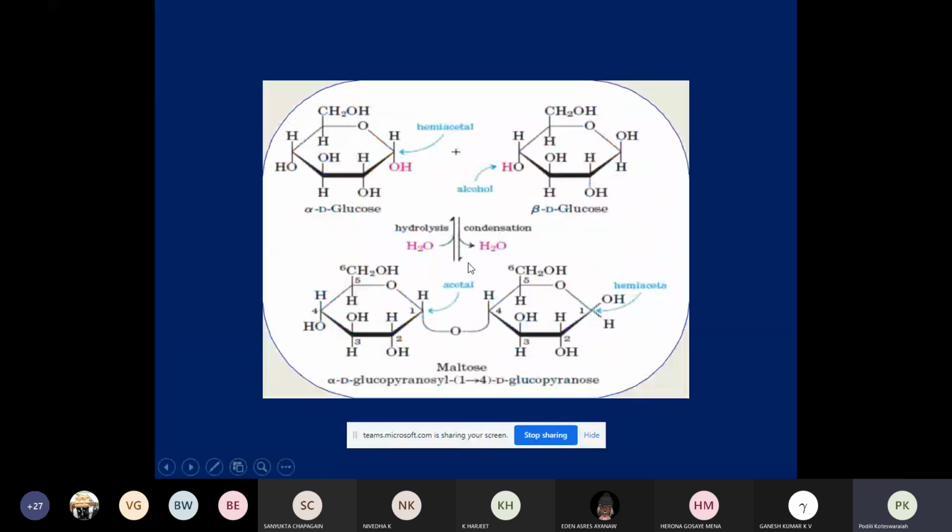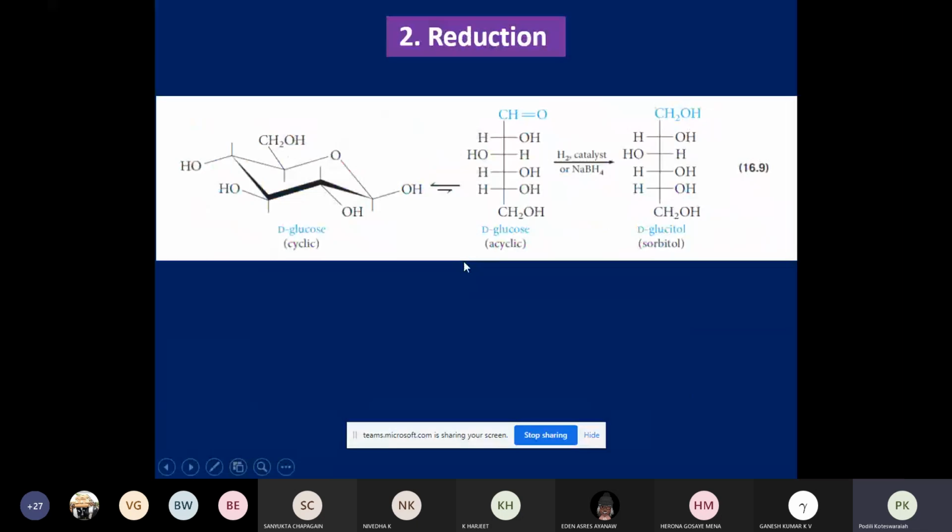You can see later. Second one is the reduction. When sugars undergo reduction in the presence of sodium borohydride or other reducing catalyst, sugar alcohols are formed. You can see here, this is glucose, and when it undergoes reduction, the carbonyl group, the aldehyde group, is converted to alcohol.